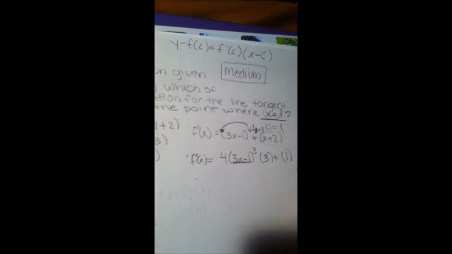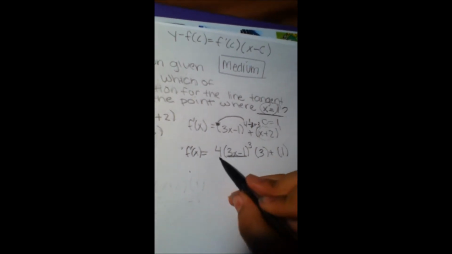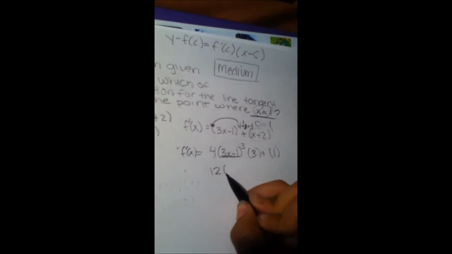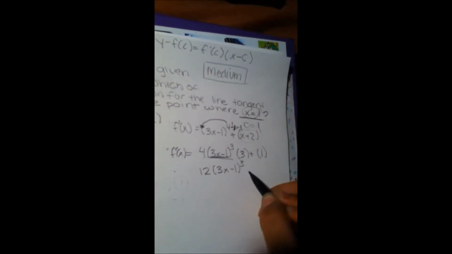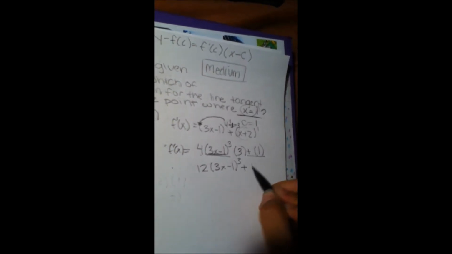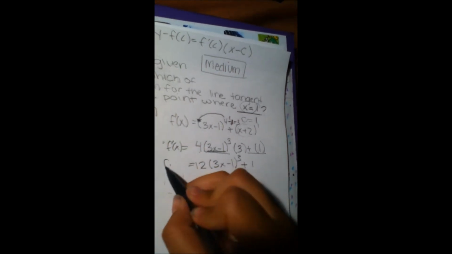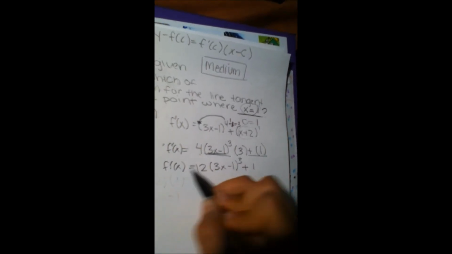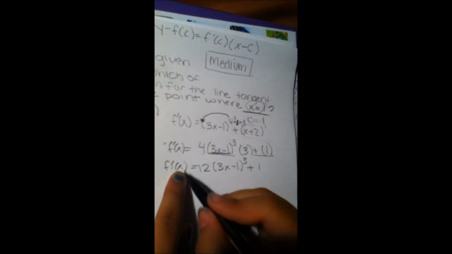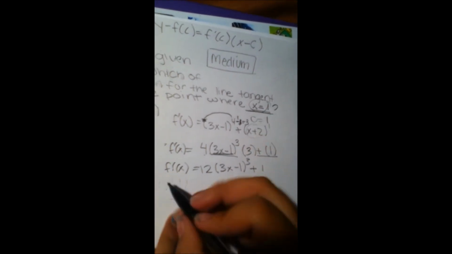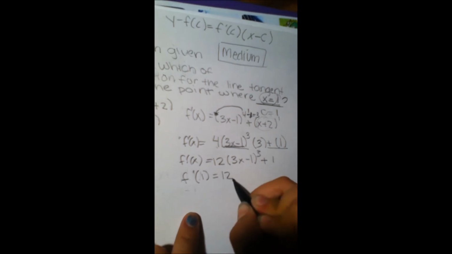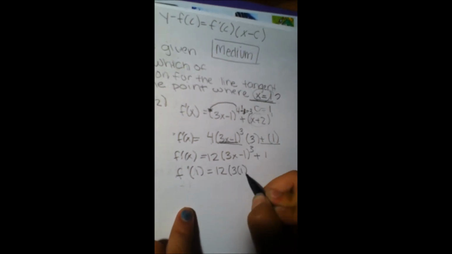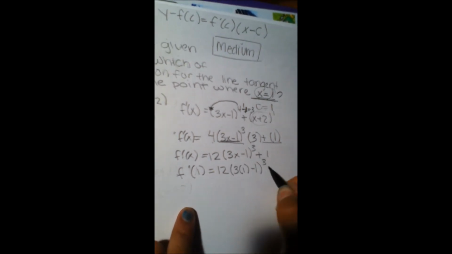Therefore, we simplify: 4 times 3 equals 12 times 3x minus 1 to the 3 plus 1, don't forget the 1. And we're going to plug in x equals 1 since that's the given point. 12 times 3 times 1 minus 1 to the third plus 1.